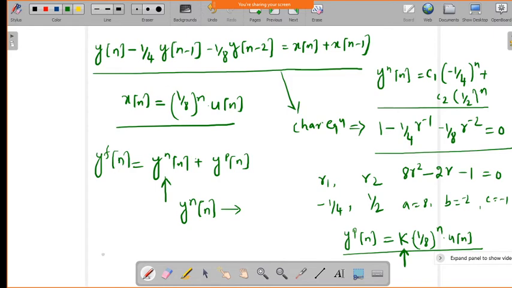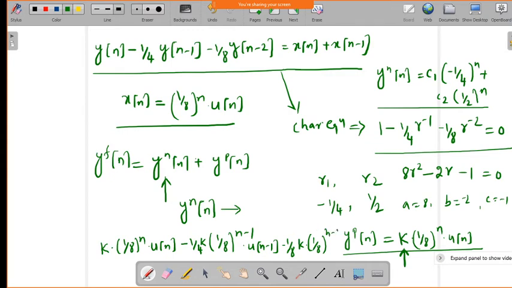So you will get the difference equation as k into 1 by 8 power n into u of n, minus 1 by 4 into k into 1 by 8 power n minus 1 into u of n minus 1, minus 1 by 8 into k into 1 by 8 power n minus 2 into u of n minus 2.